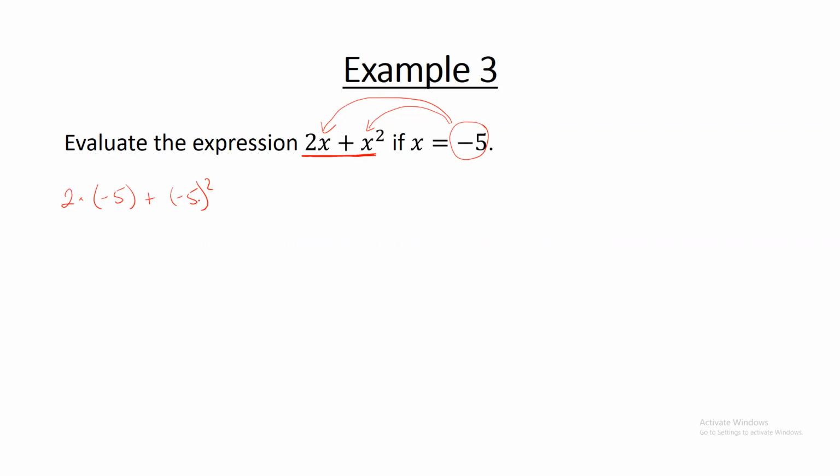Notice that I put my negative 5 in parentheses, and there's a reason for that. Let's explore this a little bit. When we have an expression x squared, what we mean is x times x. So when we plug negative 5 in for x, what we really want is we want negative 5 to multiply another negative 5.